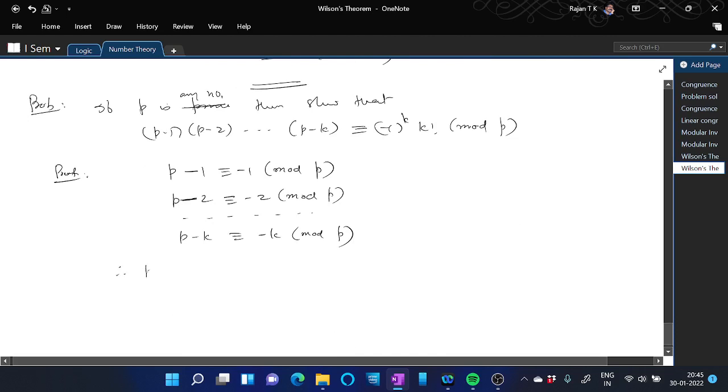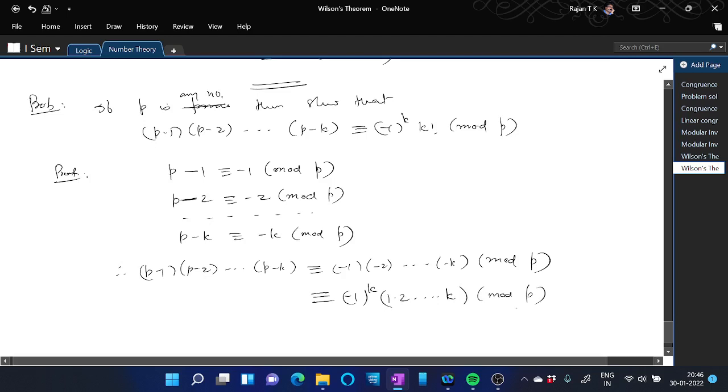And therefore, (p-1)(p-2)...(p-k) is congruent to (-1)(-2)...(-k) mod p, which is (-1)^k times 1 into 2 into ... into k mod p, which is congruent to (-1)^k k!, since 1 into 2 into ... into k is k! mod p. That is the result.